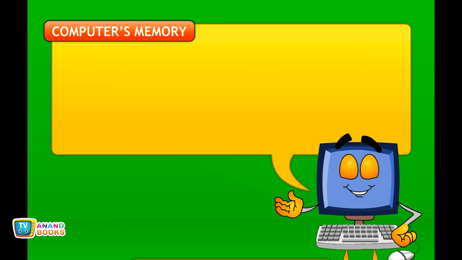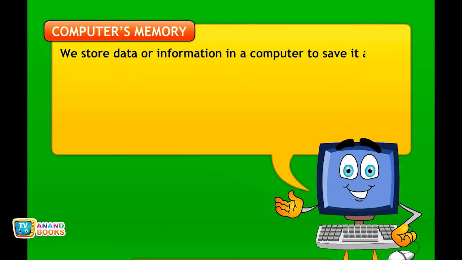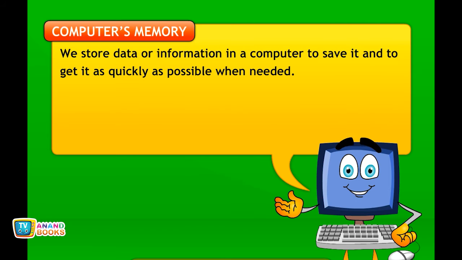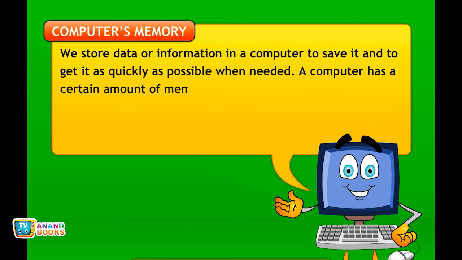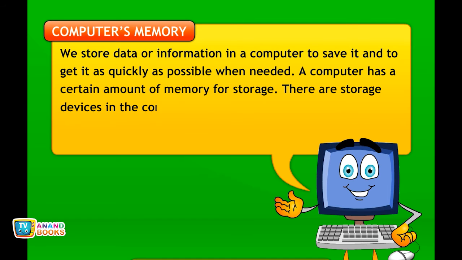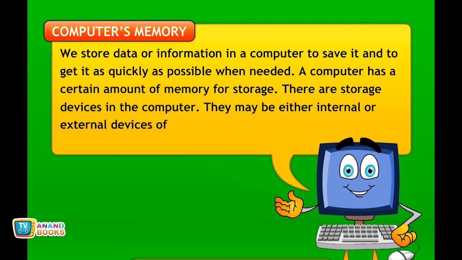Computer's memory. We store data or information in a computer to save it and to get it as quickly as possible when needed. A computer has a certain amount of memory for storage. There are storage devices in the computer. They may be either internal or external devices of memory.